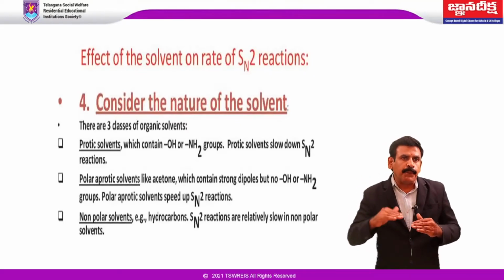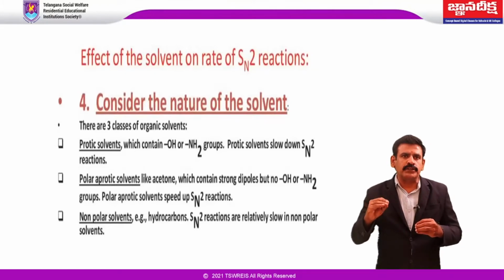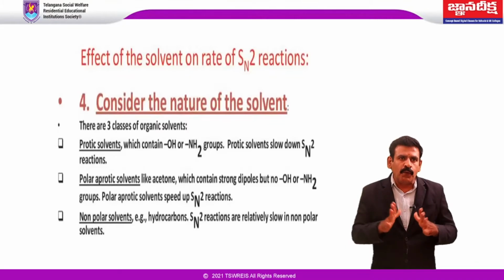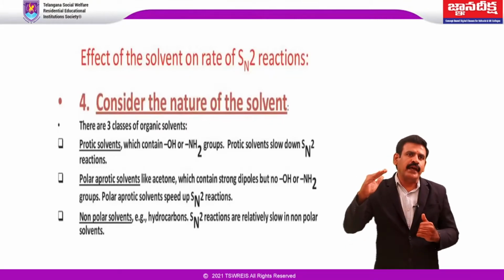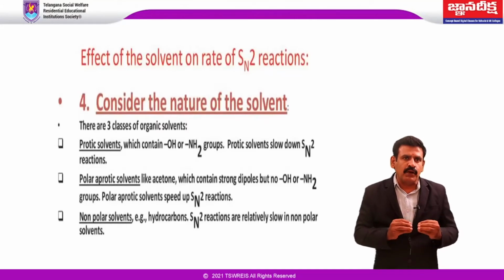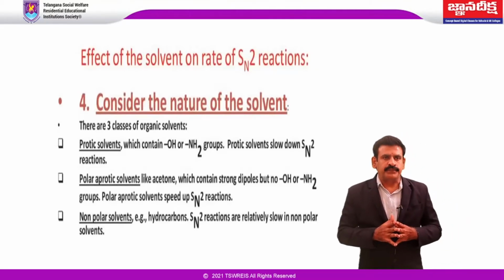But polar aprotic solvents like acetone, which contain strong dipoles but no hydroxide or NH2 groups, speed up the SN2 reaction. Non-polar solvents, for example hydrocarbons, SN2 reactions are relatively slow in non-polar solvents.